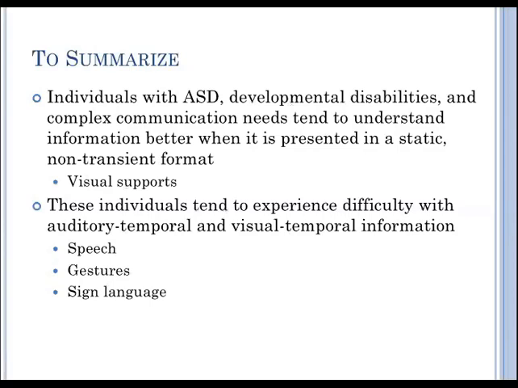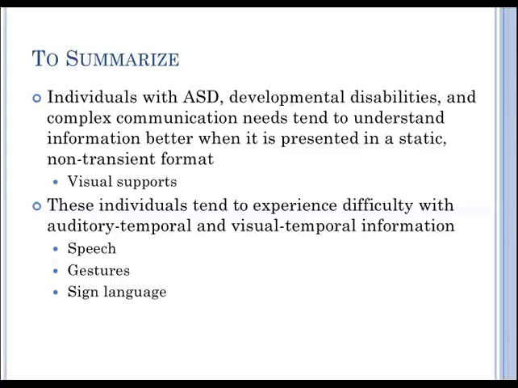Individuals with autism, developmental disabilities, and other kinds of complex communication needs do tend to understand information when we present it in a form that's static and non-transient. So it remains. They can look at it for as long as they need. They can refer back to it as often as they need, right?